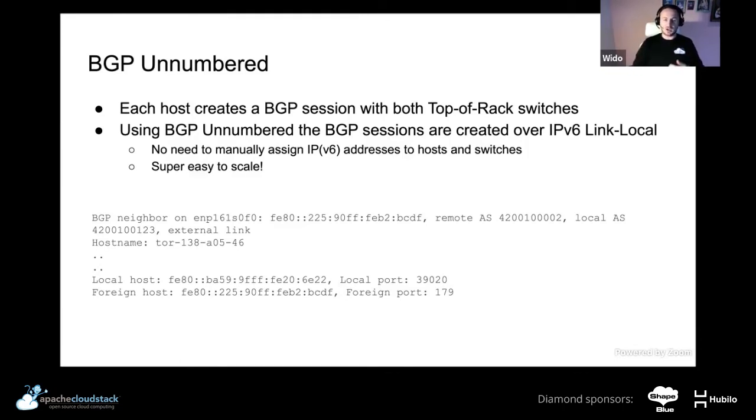And that saves you a lot of time of setting up interconnect subnets between the top of rack routers and the hosts. So no need to manually assign addresses. That makes it super easy to scale. We use BGP unnumbered between the hosts and the top of rack, but also between the top of rack and the cloud core routers and going from there. Saves us a tremendous amount of time of assigning addresses and interconnect subnets.